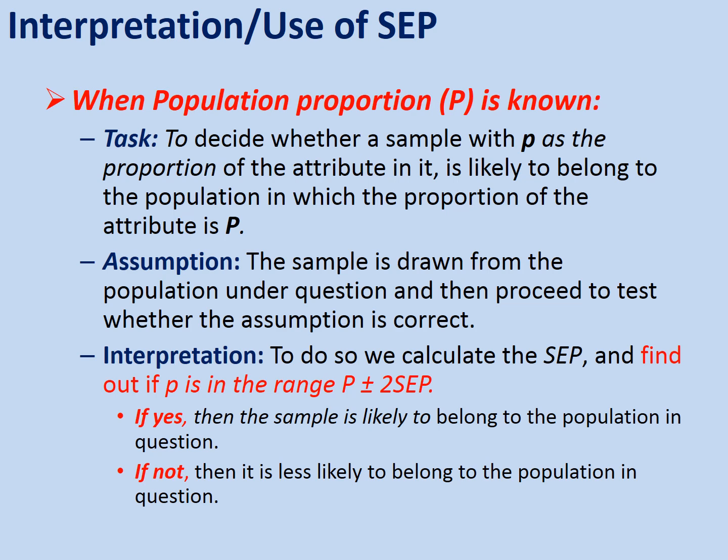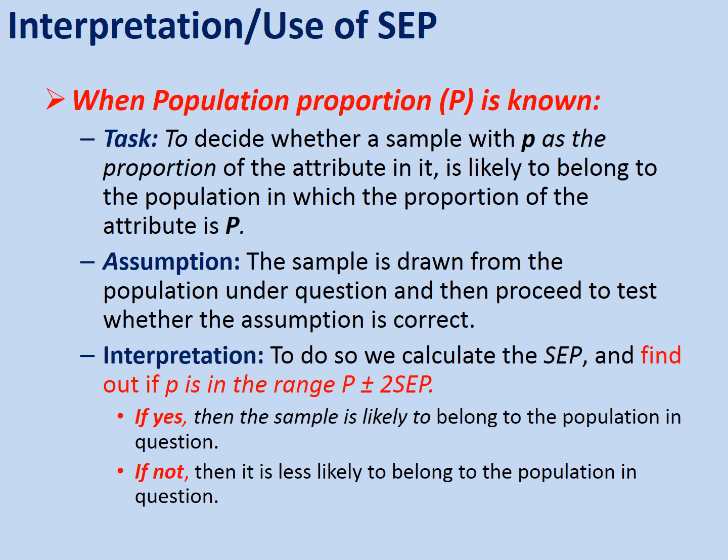So once you have calculated it, you have to add it to and subtract it from the population proportion, and you will get two values. The first value is population proportion minus 2 standard error of proportion, and the second value is population proportion plus 2 standard error of proportion.